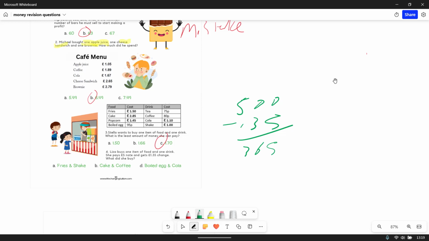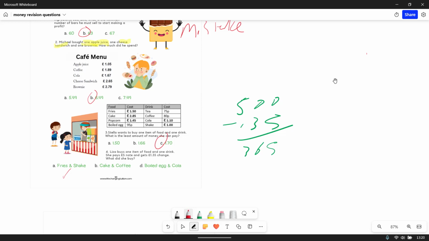Well, fries and shake is £2.50, so that is possible. Cake and coffee: cake is £2.85, and coffee is £3.65, so there's money left over.